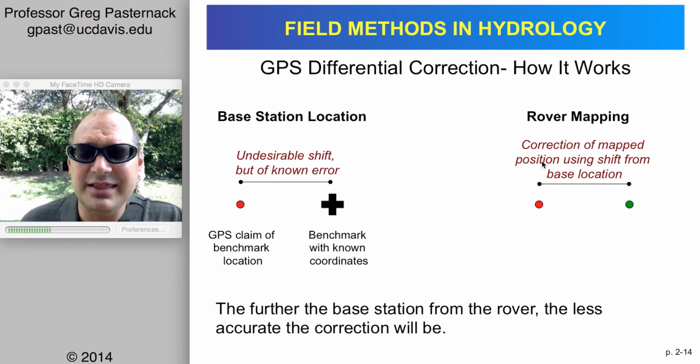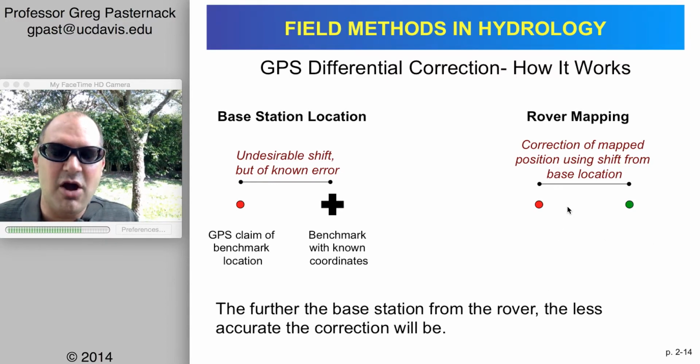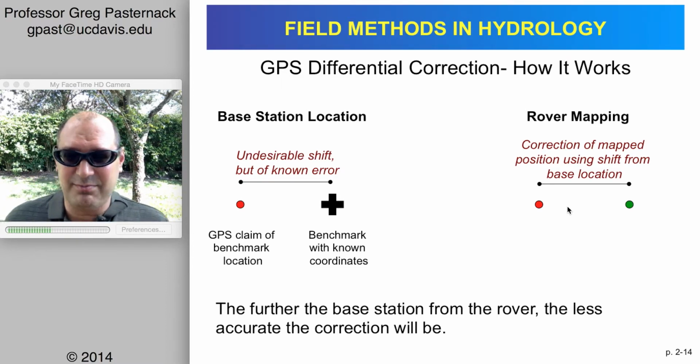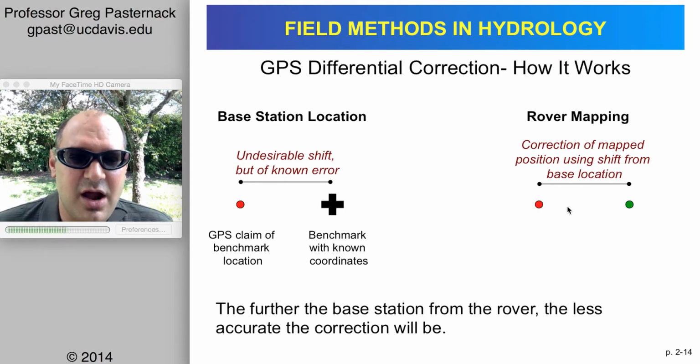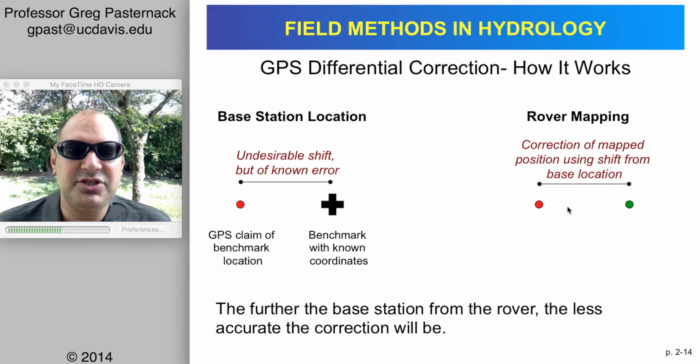It can also be done later on. You can just collect your data in the field, come back to your office and say, okay, on the computer, are there any base stations that are in proximity to mine? And then I'll use their corrections. And so another benefit of our public good is that people all over the United States operate these base stations and get these errors.